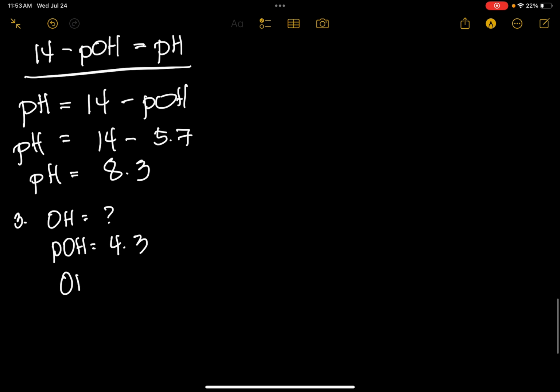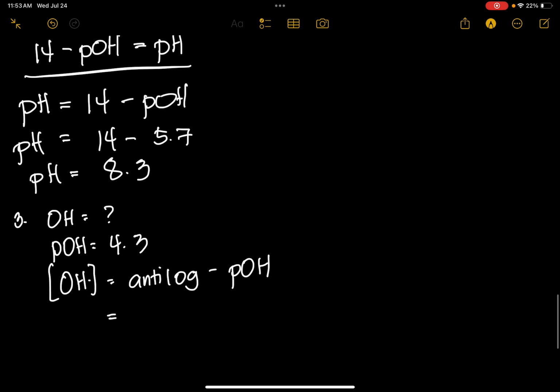So, OH concentration is the anti-log of negative pOH. Just input it in your calculator. Anti-log, wait a moment. Shift log, and then 4.3.